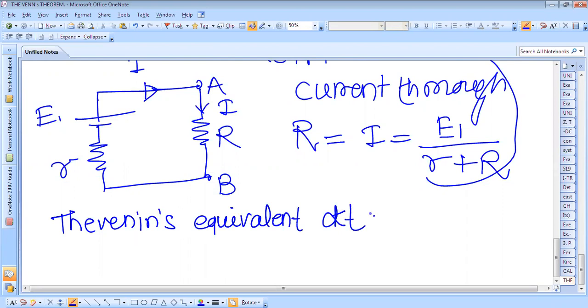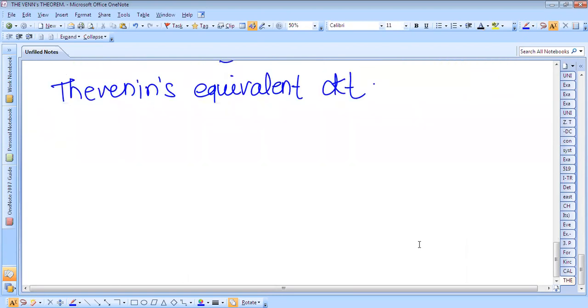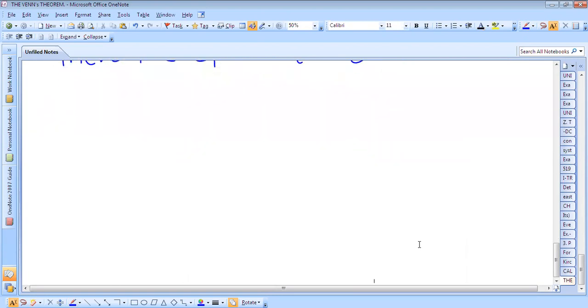So whenever any circuit is given and it is asked to find the current flowing through the load resistance using Thevenin's theorem, we have to first find the Thevenin's equivalent circuit. Okay. Let us consider one example.